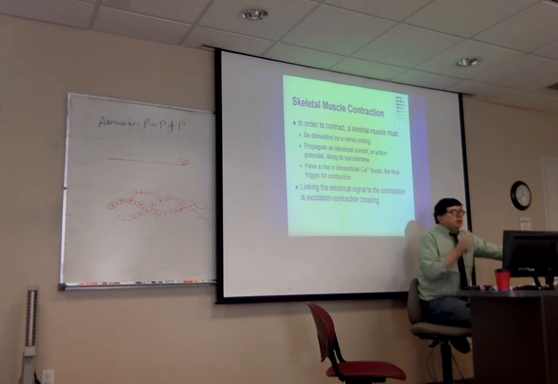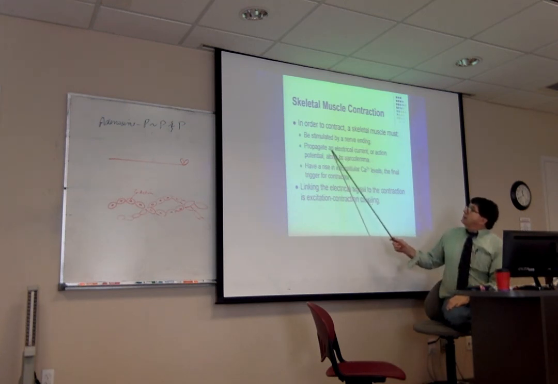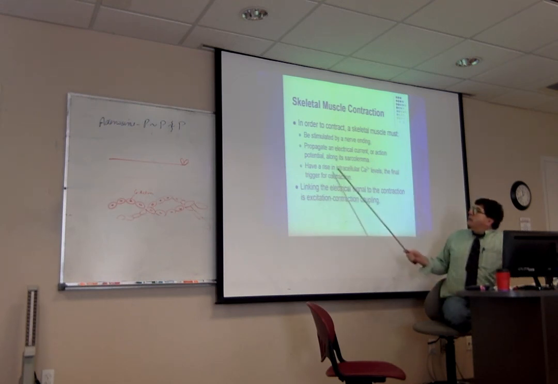Okay. So, in order to contract, a skeletal muscle must first be stimulated by a nerve ending. And then it's going to propagate an electrical current, or action potential, along its sarcolemma. Remember that that action potential is going to travel down the T-tubule and result in the release of calcium.